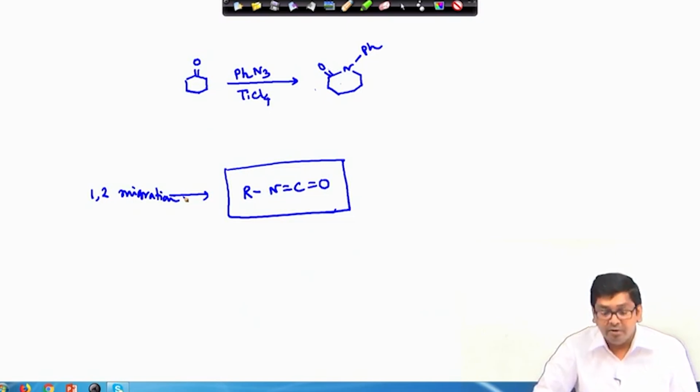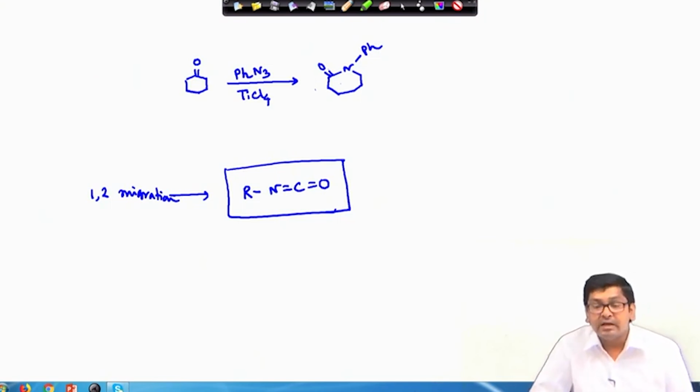Okay. And when this isocyanate forms, after that a nucleophile can react, and that gives the desired target product.